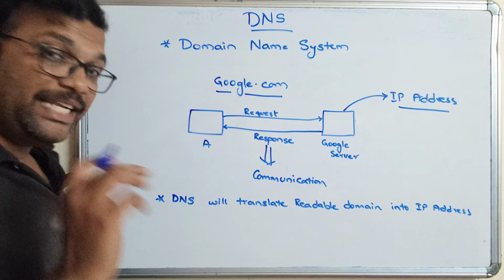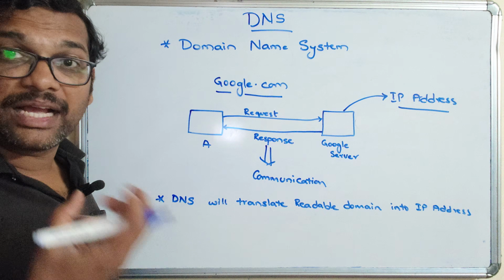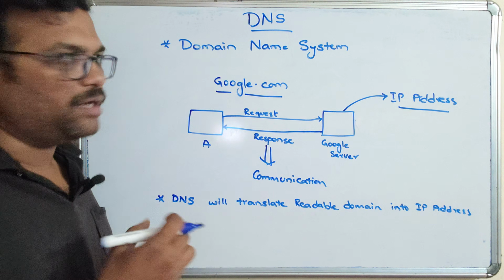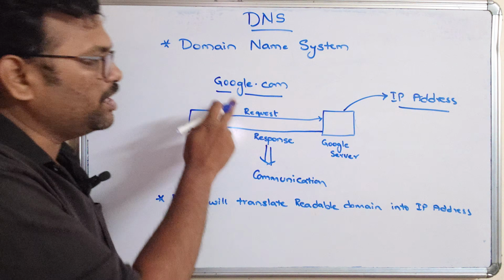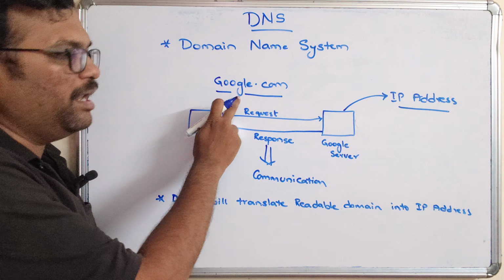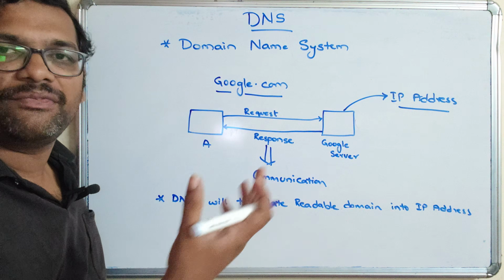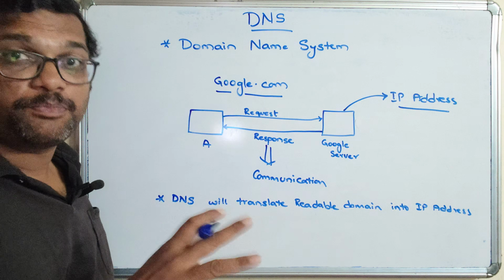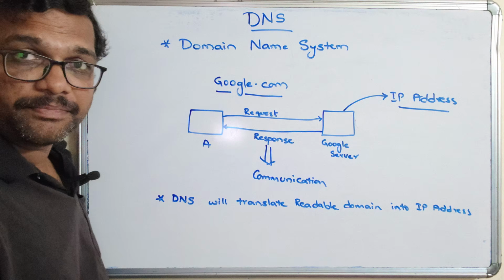That is the purpose of Domain Name System. It will convert the URL, or we can call it a domain. Whatever human readable domain is there will be converted into an IP address in order to communicate with the server. This process is called DNS, which is the Domain Name System.